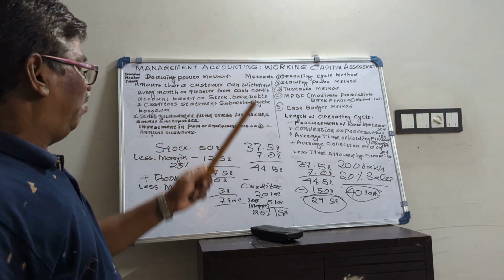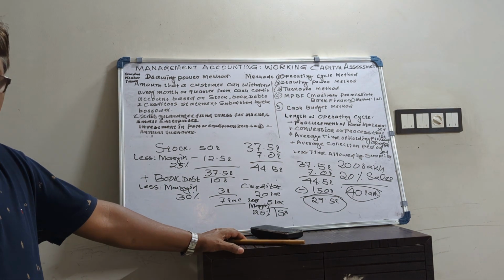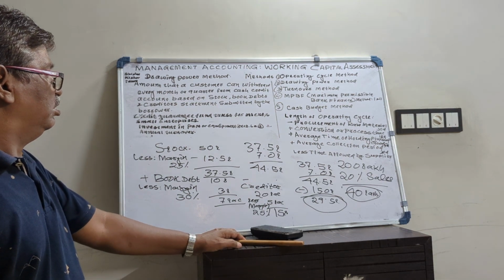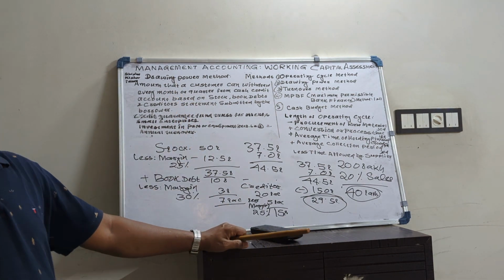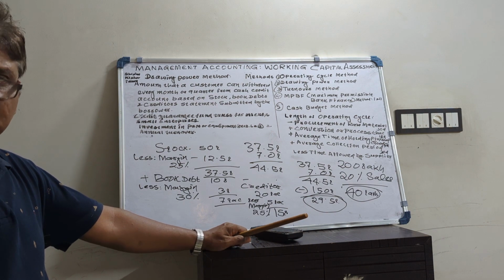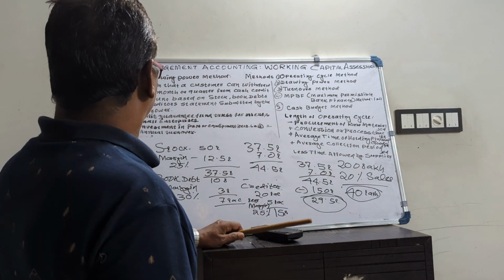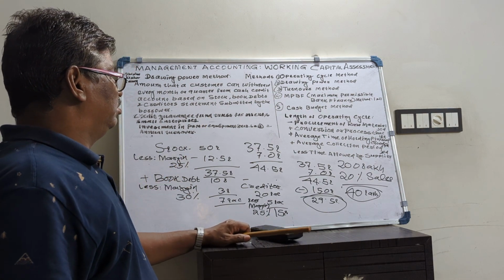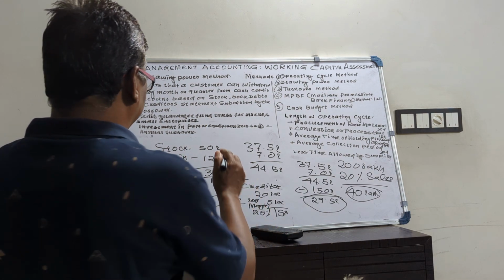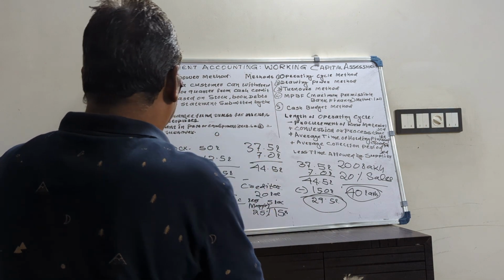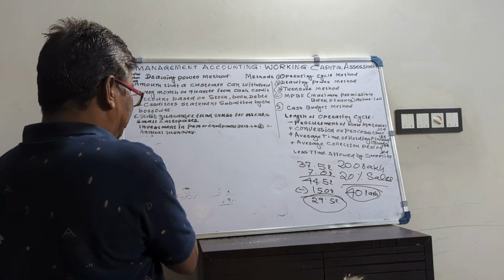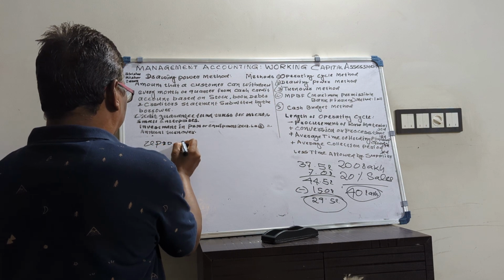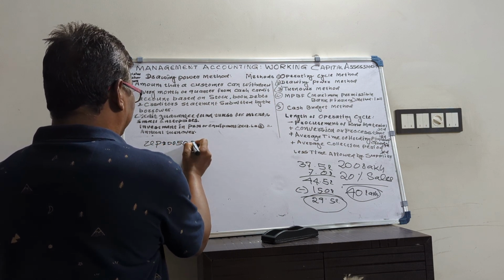Nowadays for Mudra loan, in case of the Mudra MSME Act, the ranges are: up to 50,000, or 0.5 lakh.